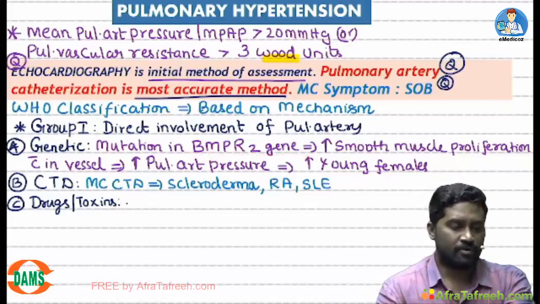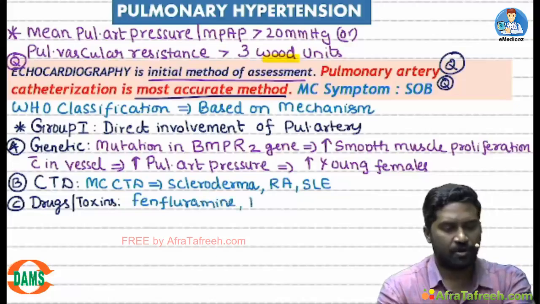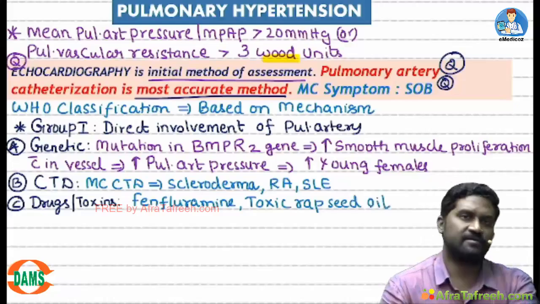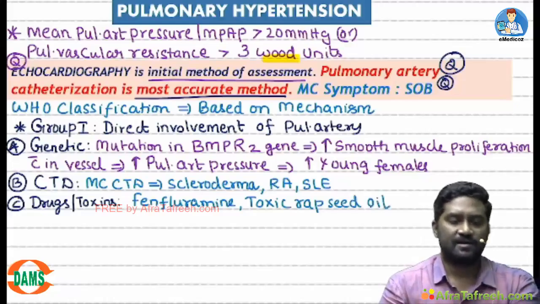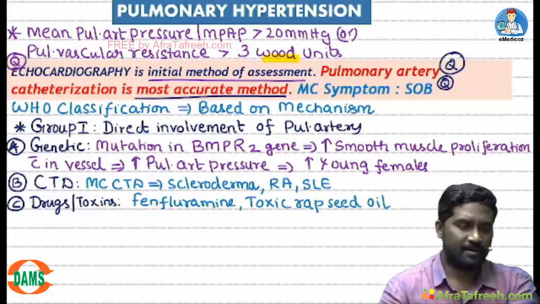Drugs or toxins. Drugs such as fenfluramine. Toxins such as toxic rapeseed oil. This drug and this toxin can directly involve the pulmonary circulation and result in pulmonary hypertension.